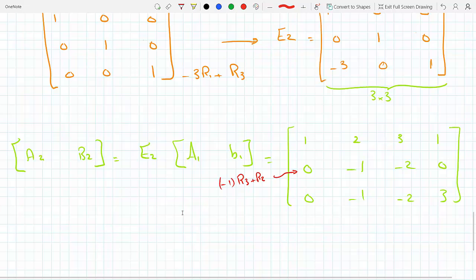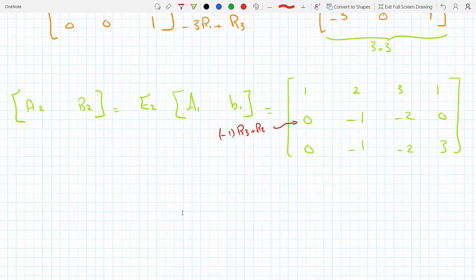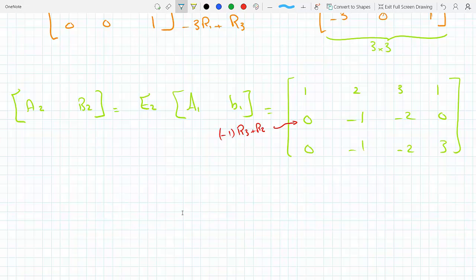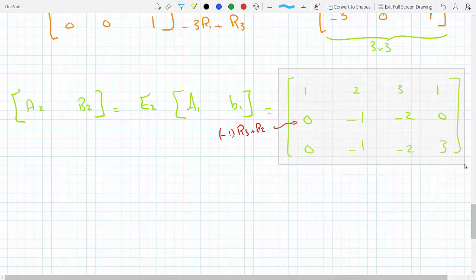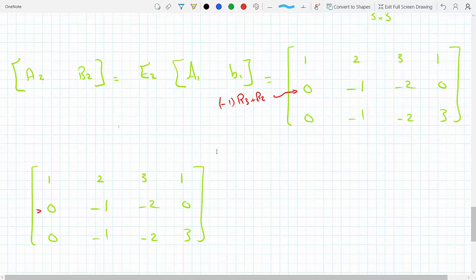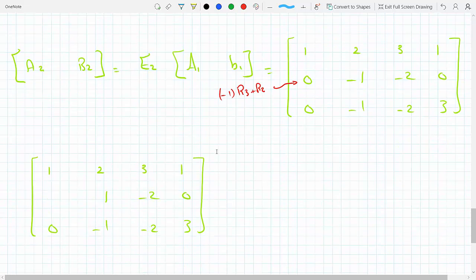Okay, so now going back to this last one here, look what happens when I try to do this. What I get is the same thing. So let me copy and paste this. But instead I'm gonna change row number 2.